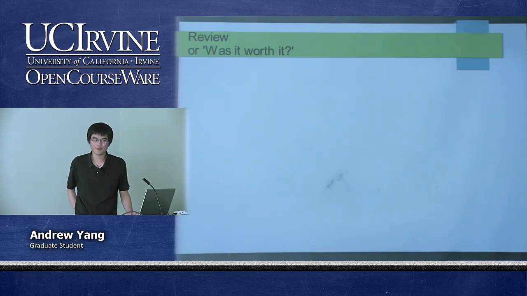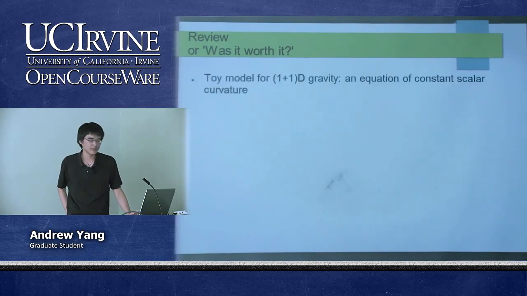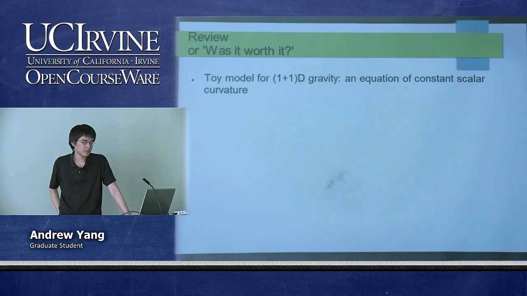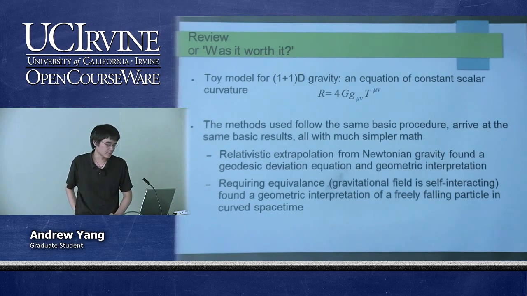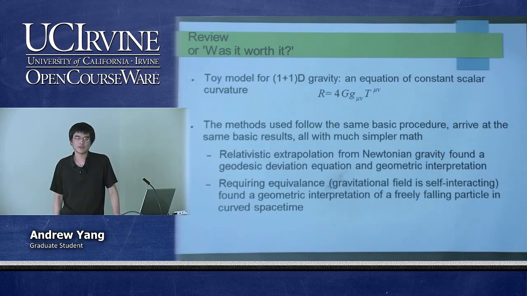If we consider this in retrospect, we can see that we can have a simple toy model for gravity where we get an equation of constant scalar curvature. The basics are that we have the same basic procedure for learning general relativity, but with simpler math.